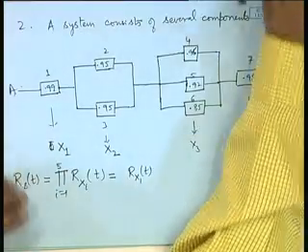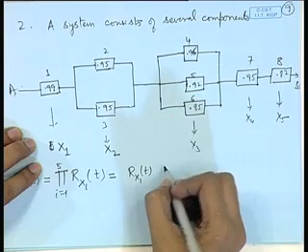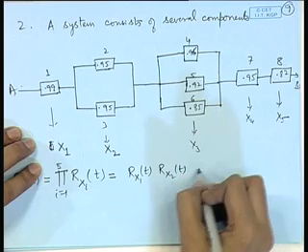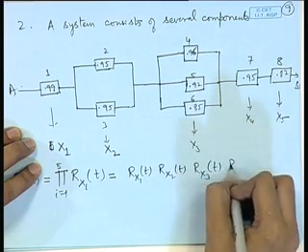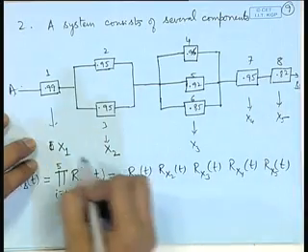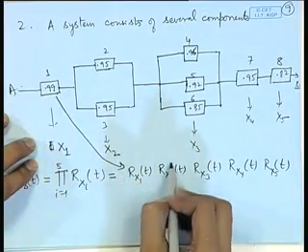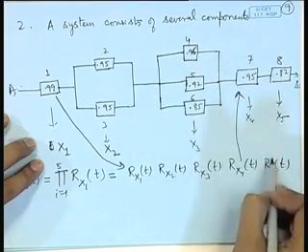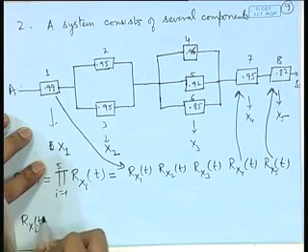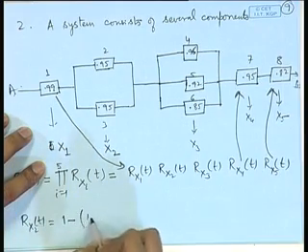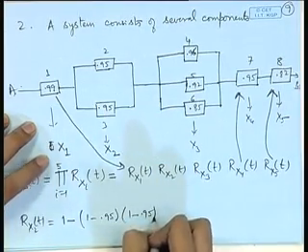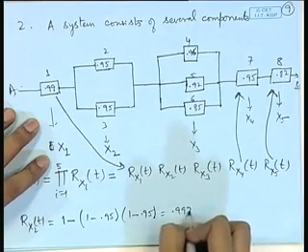If we look at R x2 t, it is equal to 1 minus 0.95 into 1 minus 0.95, which is equal to 0.9975.